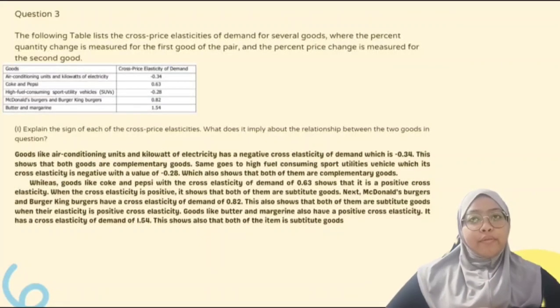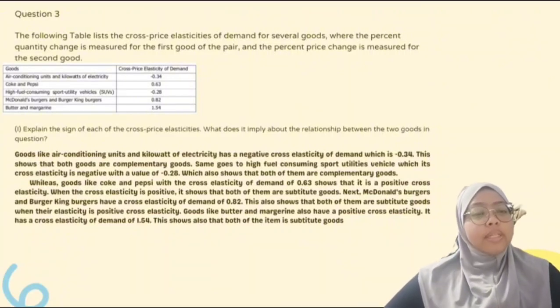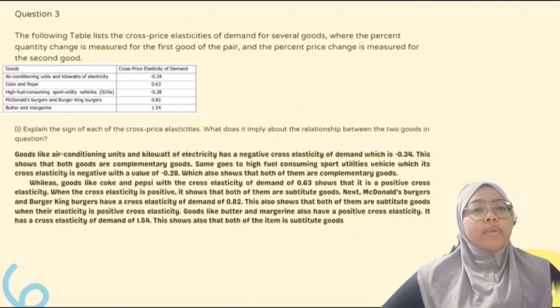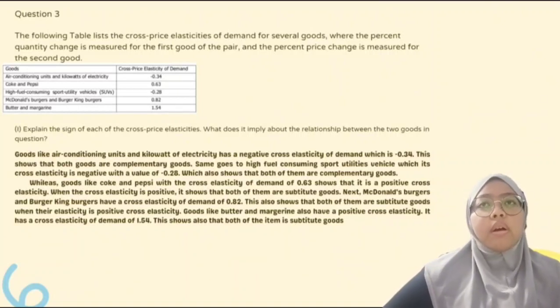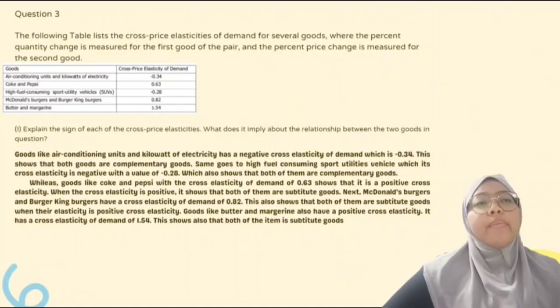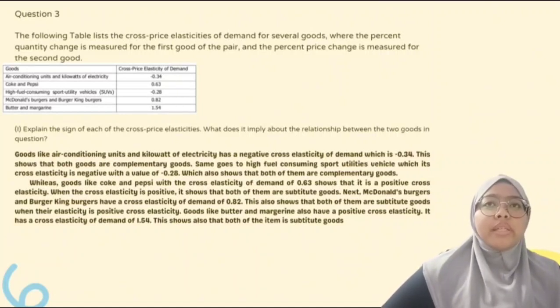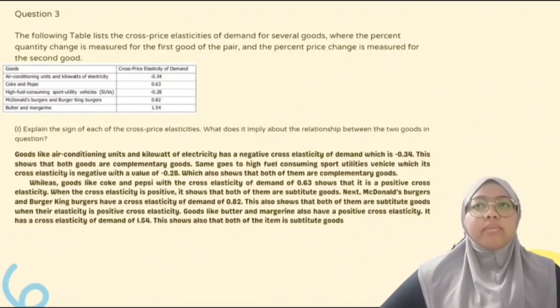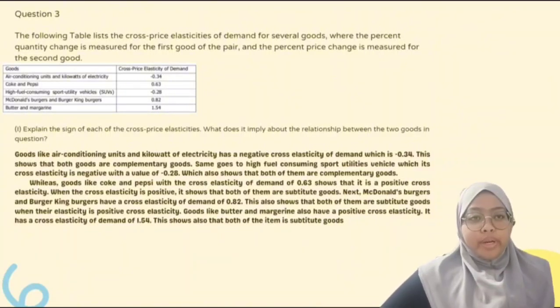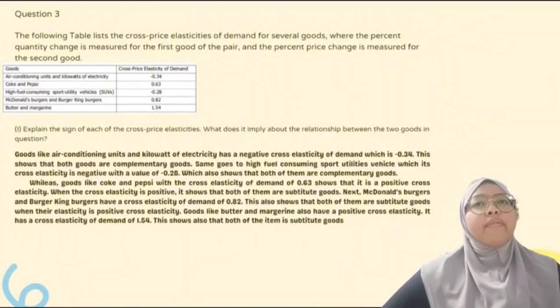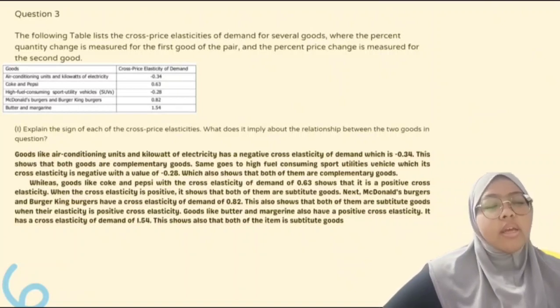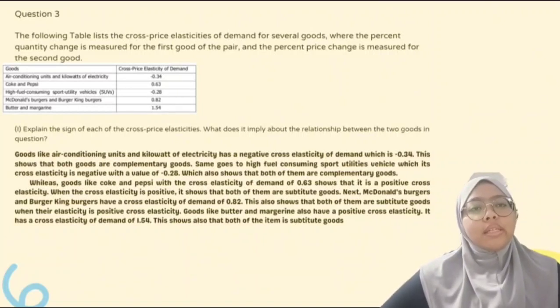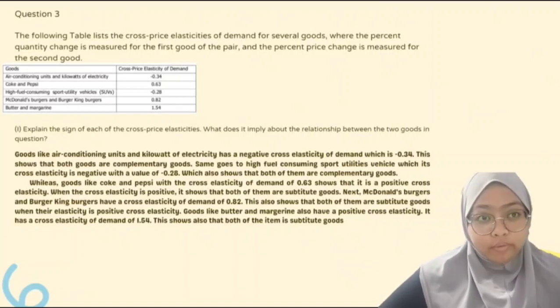Number 3. The following table lists the gross price elasticities of demand for several goods, where the percent quantity change is measured for the first good of the pair, and the percent price change is measured for the second good. Number 1, we have air conditioning units and kilowatts of electricity, with cross price elasticity of demand negative 0.34.